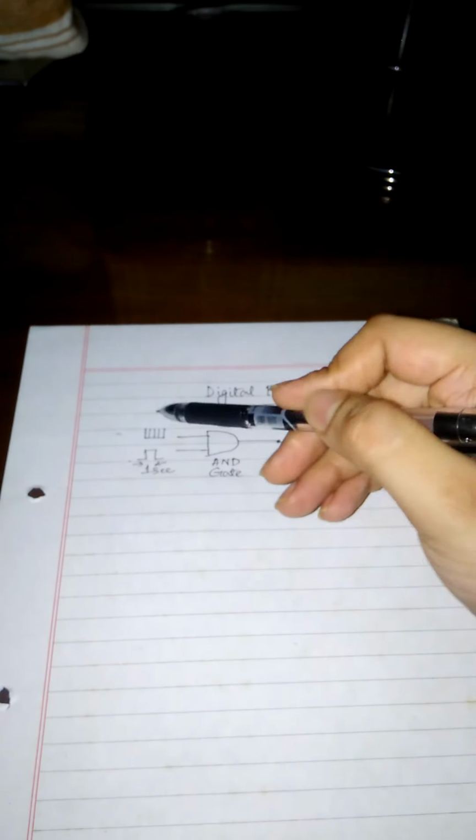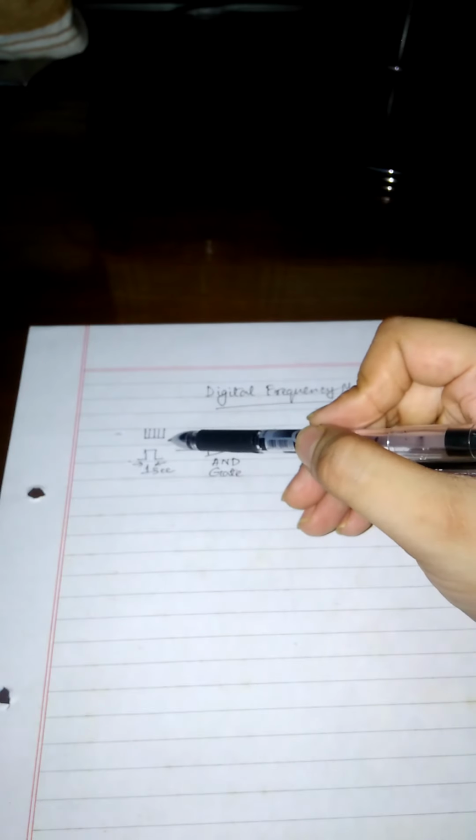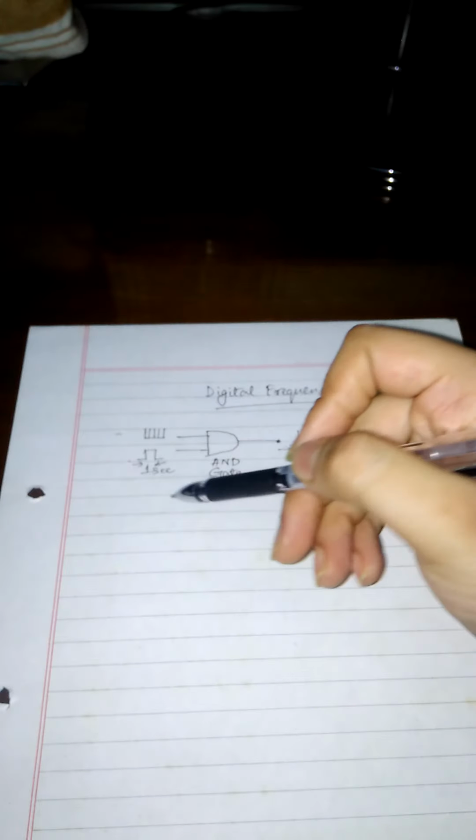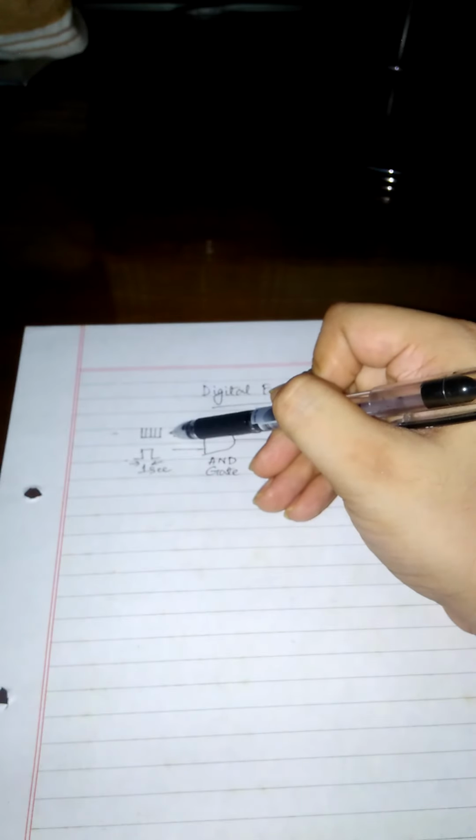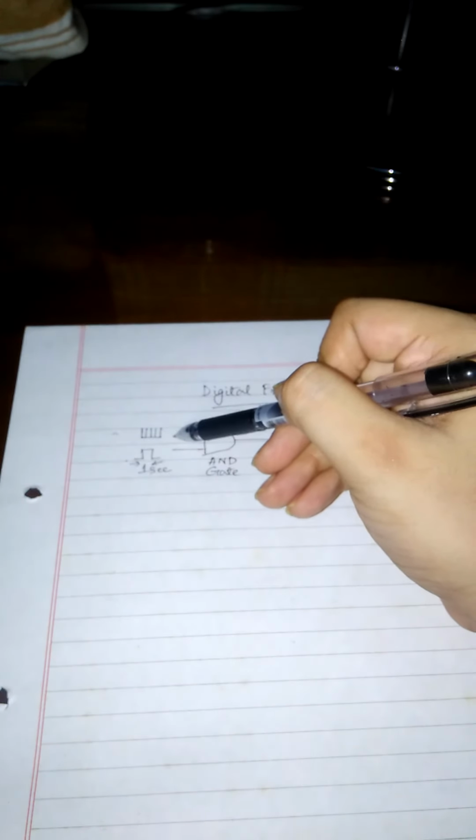For the train of pulses, one pulse is going to represent one cycle. In this concept we have to convert the analog signal into a discretized signal, in the form of a train of pulses.